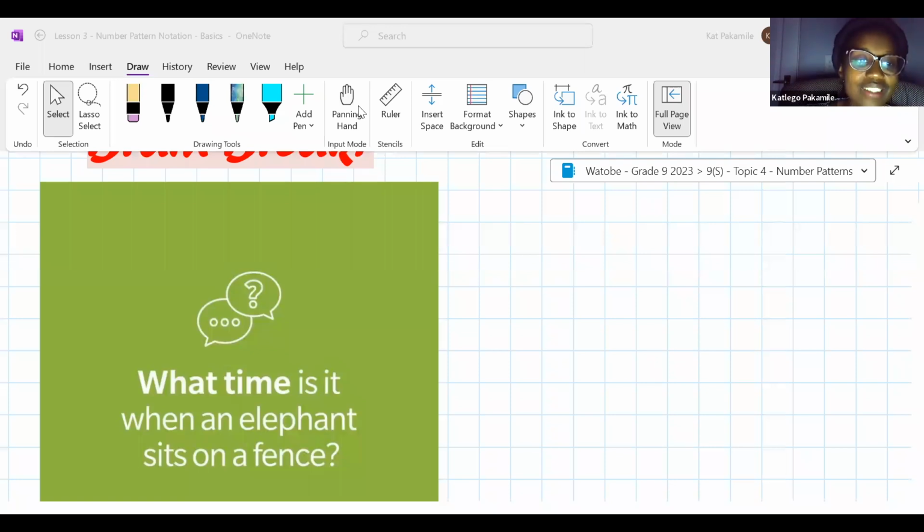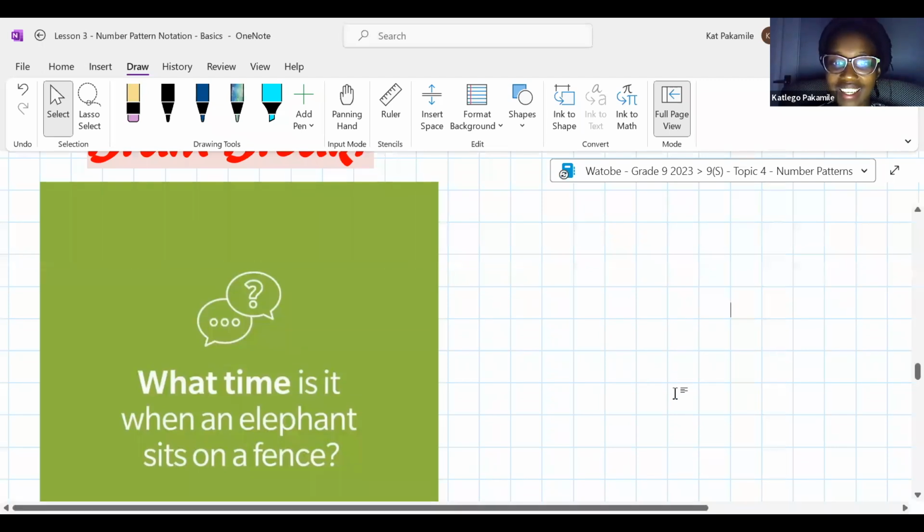It's time to replace the fence. It's time to fix the fence, guys. It's a riddle. I think the thing about riddles is we overthink them when the answer is in front of us.